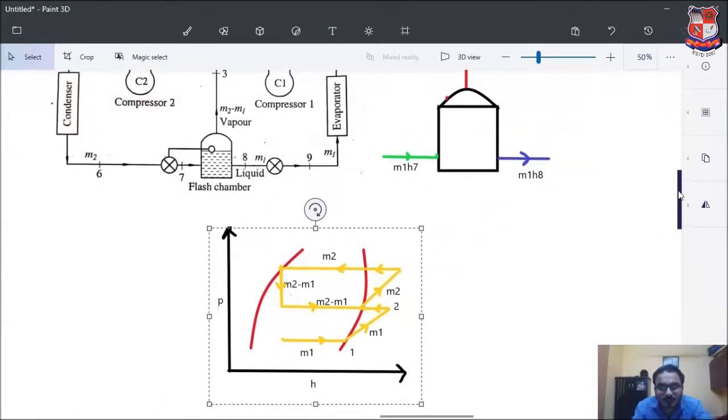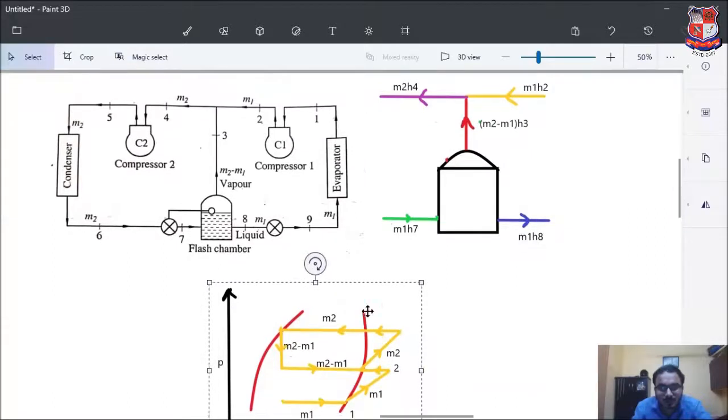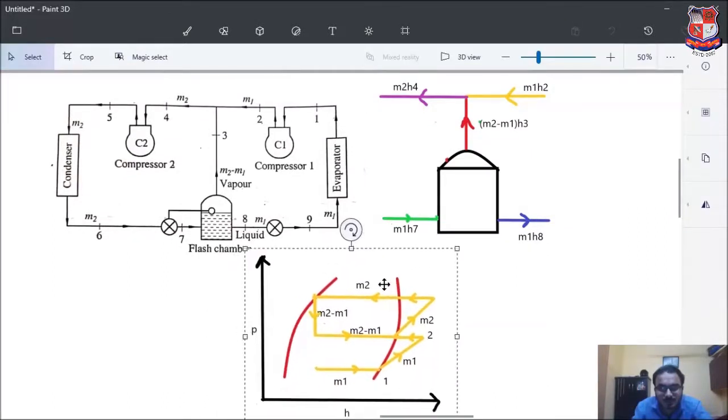So now we are in a position to see all three figures together.